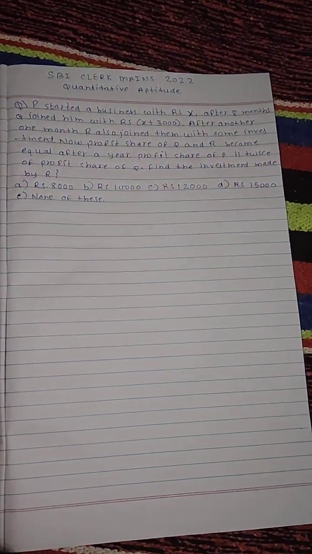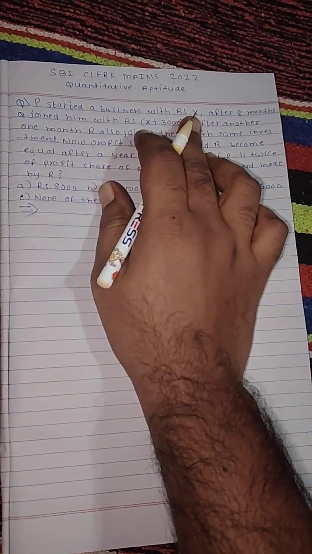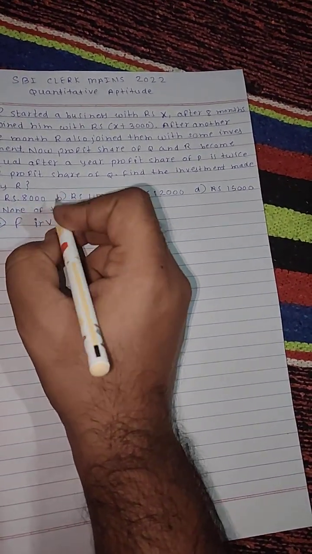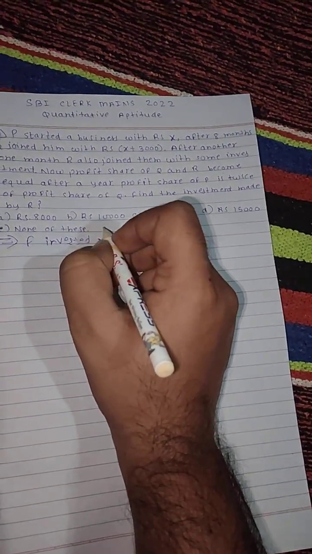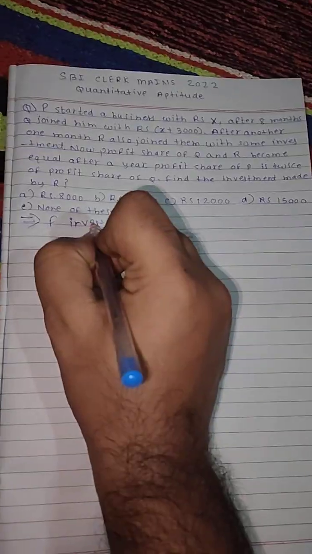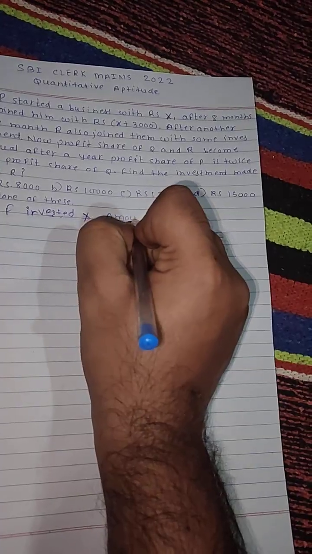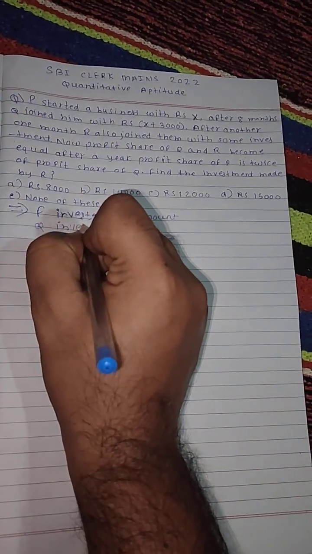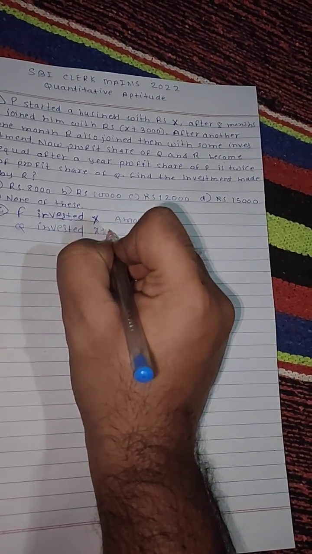So we will just note down the info given. P started a business with X, so P invested X amount, and Q invested X plus 3,000.